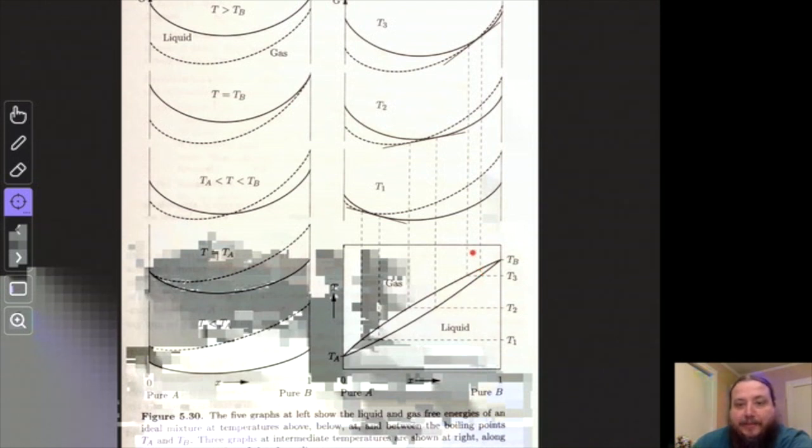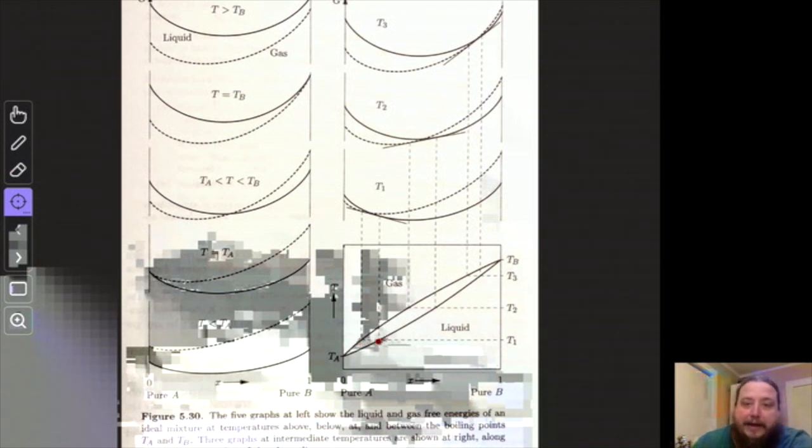If we were coming in somewhere in here and we were at this temperature T3, instead of being right here in the middle, we'd have liquid forming over here and gas forming over here. As we go to lower temperatures, that region where we split between liquid and gas goes downward, and we get a region here in the middle, and then finally at even lower temperatures a region here.